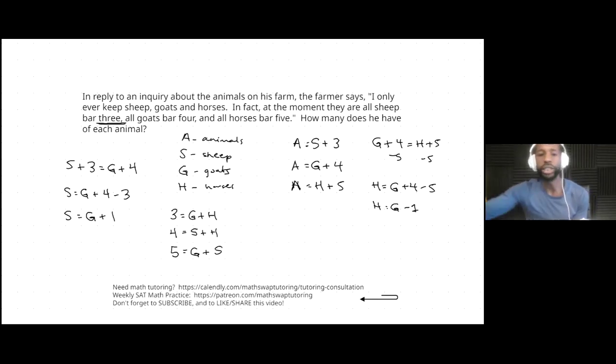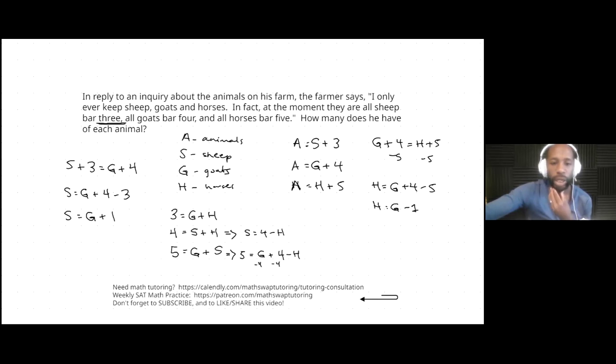Okay. Now, if we can find one of these, so let's see. Oh, okay, I see. I'm going to solve this one for S. So S is going to be equal to 4 minus H. Now I'm going to plug this into here for S. 5 is equal to G plus S, which is 4 minus H. Okay, and then we can move this over here.